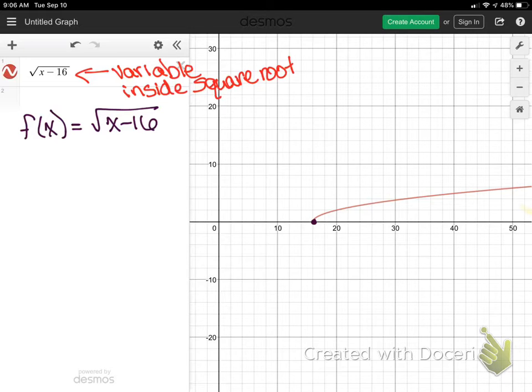So if I put 0 inside a square root symbol, my answer is 0. Is 0 allowed inside a square root? Sure. Is 0 a real number? Yeah. 0 is not a problem.